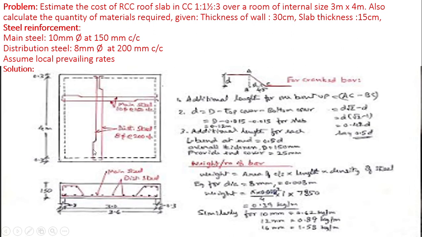Therefore, its length L is equal to 3.6, that is the outer length of short direction, minus 2 end covers, each end cover is 25 mm, plus 2 bends at end plus 1 crank. So that is equal to 3.6 minus 2 times end cover plus 2 times bends plus 1 crank. Total is equal to 3.73 meter.